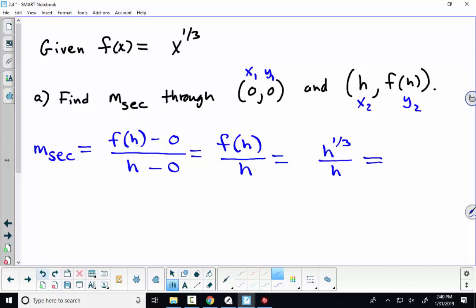H to the negative 2/3. Yeah, so remember, subtract their exponents, h to the negative 2/3. Which you'll remember is the same as 1 over h to the positive 2/3. Which we could write as 1 over the cube root of h squared.